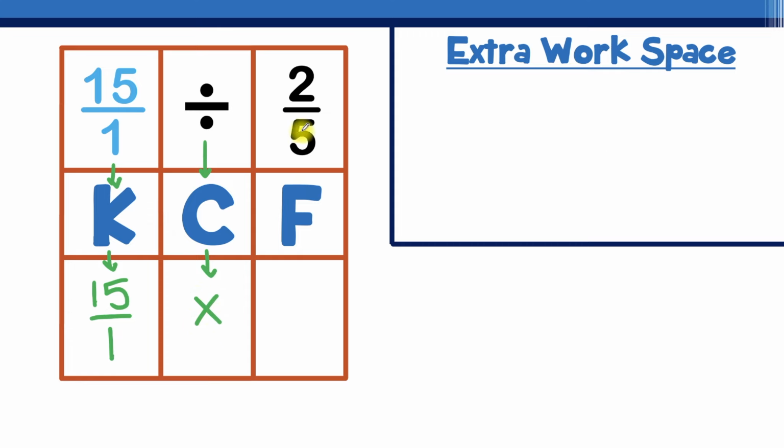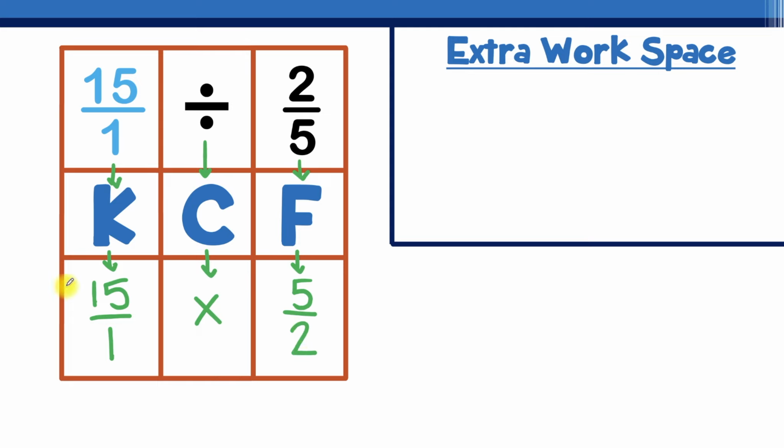And finally, this 2 over 5 has to get flipped. And that means the top will become the bottom, and the bottom will become the top. So instead of 2 over 5, here we're going to write 5 over 2.